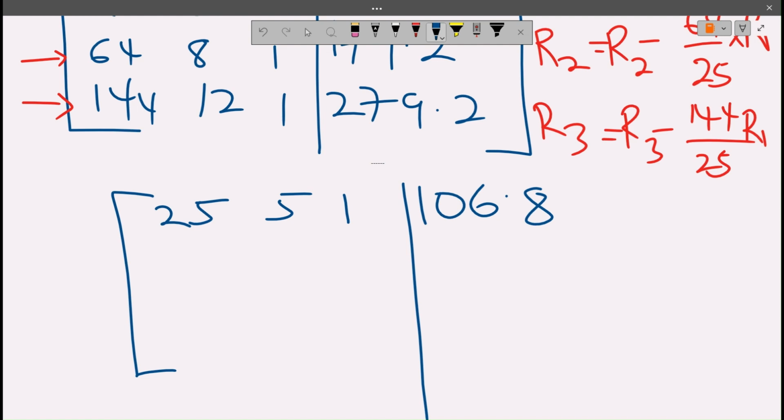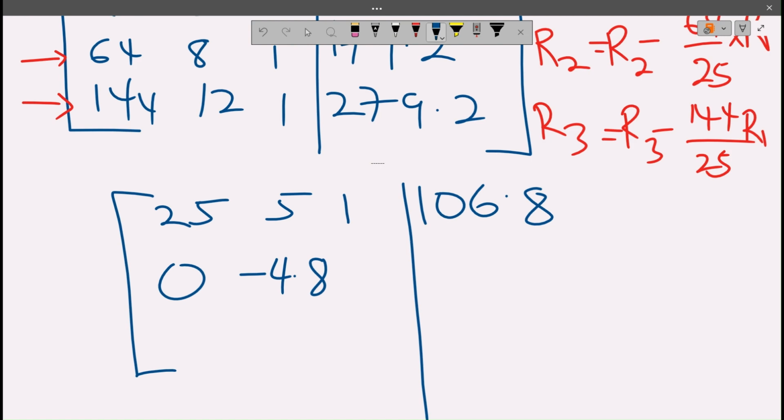So for the second row, we have 64 minus 64 on 25 times 25, which is going to give us 0. We also have 8 minus 64 on 25 times 5, which is going to give us negative 4.8.